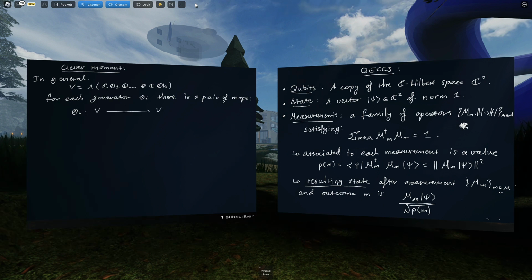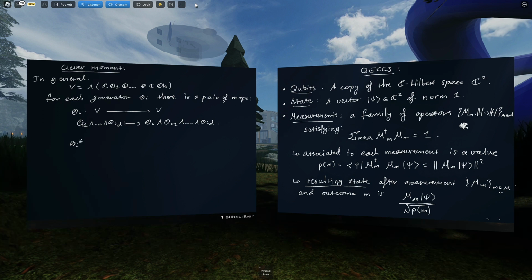This is now theta i acting as a representing operator. So that maps theta i1 wedge dot dot dot wedge theta id to theta i wedge theta i1 wedge dot dot dot wedge theta id. Okay, so it's basically just multiplication, right? And then the second one involves the dual element.